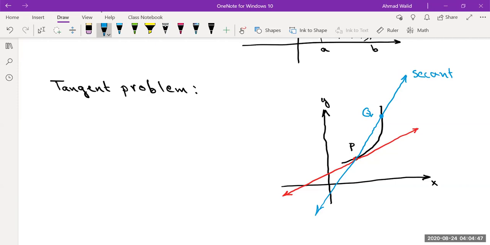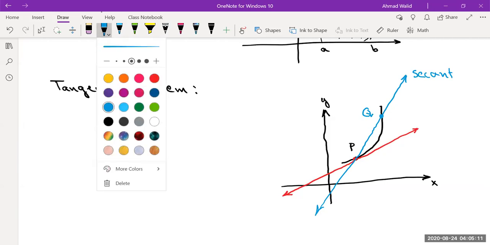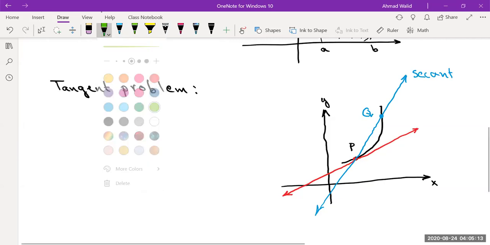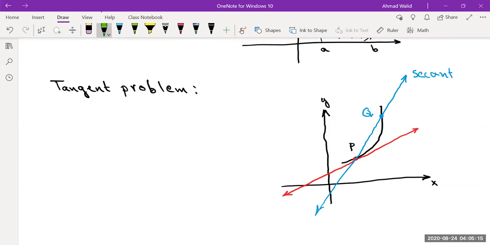It's really easy to find the slope of this blue line, the secant line, because I have two points. Using the slope formula that you know from algebra, it's really easy to find the slope of the secant line. But my goal is to find the slope of the tangent line, not the secant line. Now, what should I do?